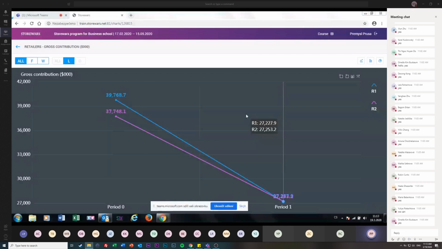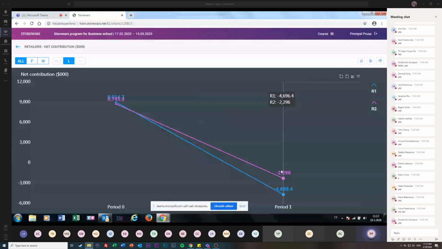The net contribution is just here, and here we can already see that both retailers are in red numbers. It's -2,000 for retailer 2 and -4.7 in the case of retailer 1. So obviously you are losing money here, and it's mainly caused by the margins. I have done the analysis and I have gone through all the data.